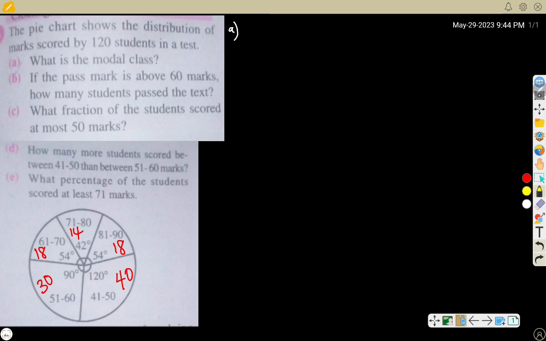You can easily see that 40 is the highest number of students here. So that means the modal class will be between 41 to 50. So 41 to 50 is the modal class.